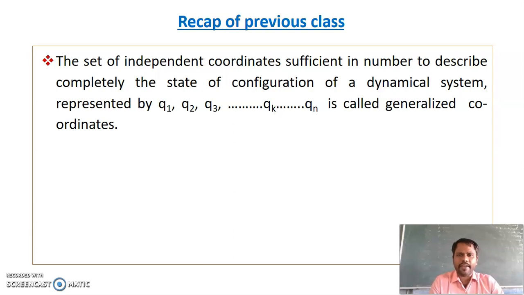So the set of independent coordinates which are sufficient in number to describe completely the state of configuration of a dynamical system, represented by q1, q2, q3, and so on up to qn, is known as generalized coordinates.